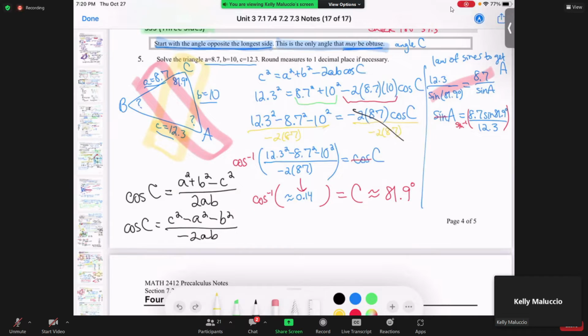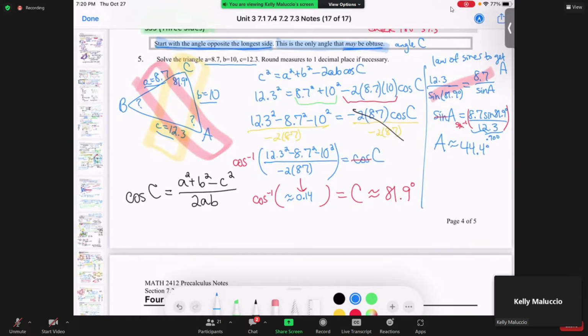Okay. Well, I'm going to erase one of these because I'm going to need this space for the answer. So as I'm solving for A over here, I do that inverse sine, and this whole thing was like 0.700 something, right? But again, I wouldn't round that until the end, and I got about 44.4 degrees.